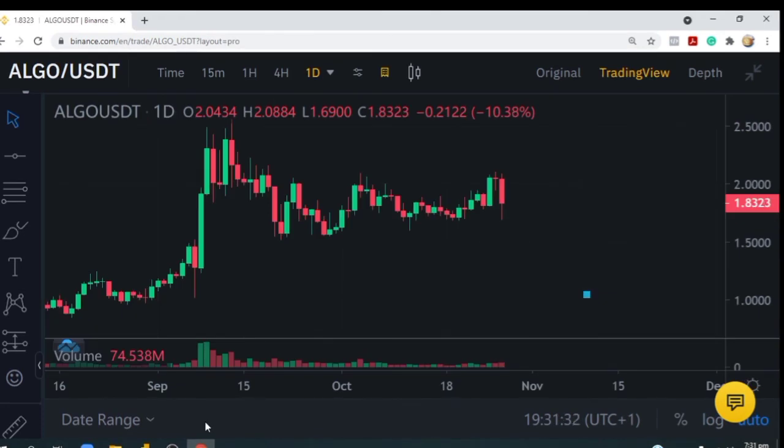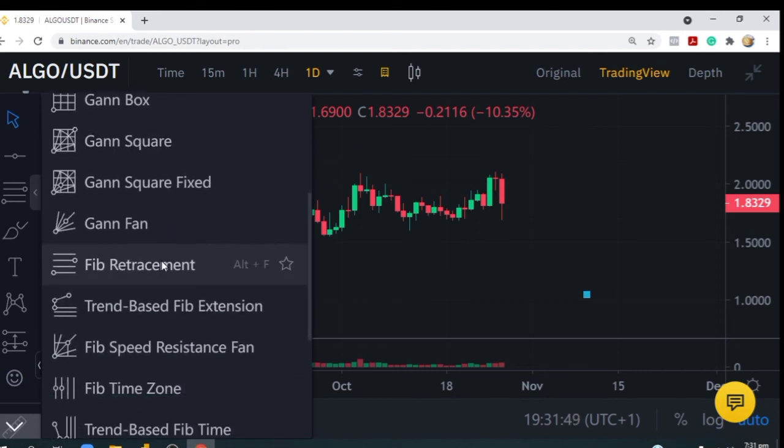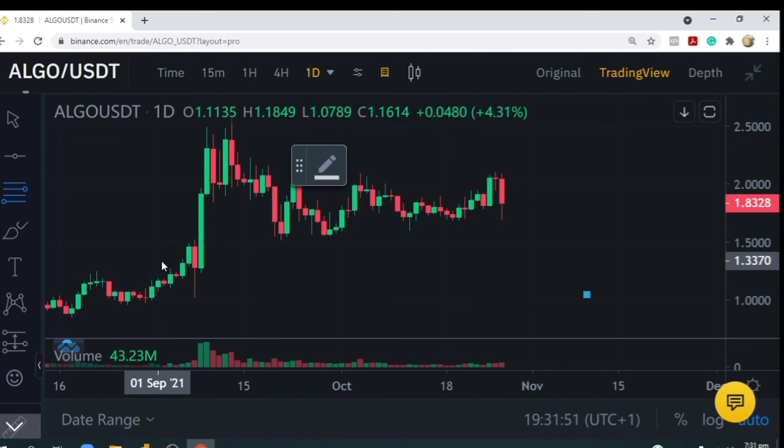Another important tool you can use to know when to enter a market is the Fibonacci retracement tool. You can easily add your Fibonacci retracement right from the trading view here. You can just come over to this point, scroll down, and you will see the Fibonacci retracement.